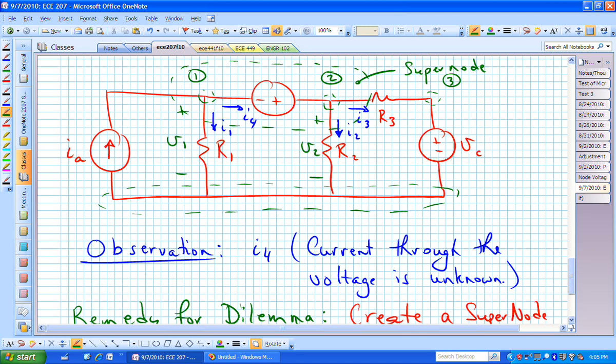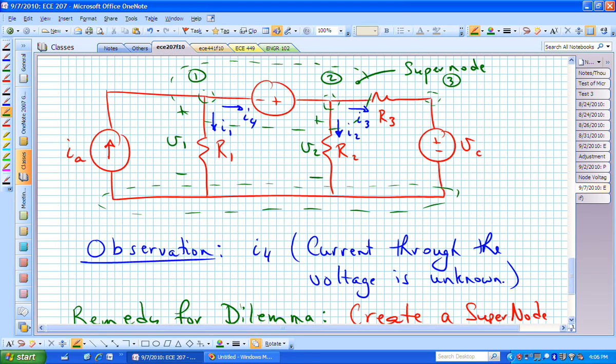But I do need to go in there, and if I have polarity markings on V1, V2, V3, I have to use those particular voltages. I have my current source on the left coming in. Then I have everything else leaving, as to how I've labeled it. I have I1 going down, I2 going down, and I3 going to the right. Those are the four currents going in and out of that supernode. Does everybody see that?